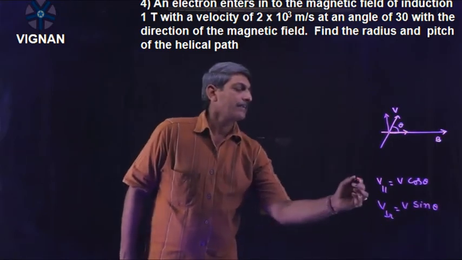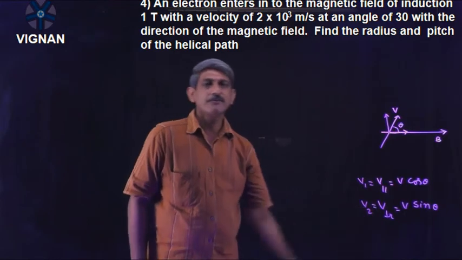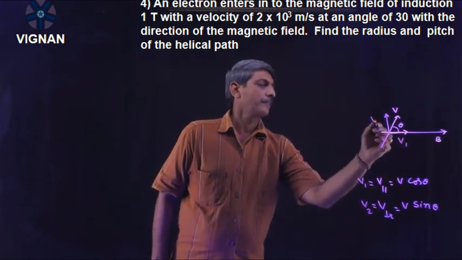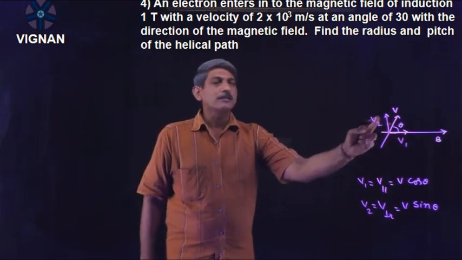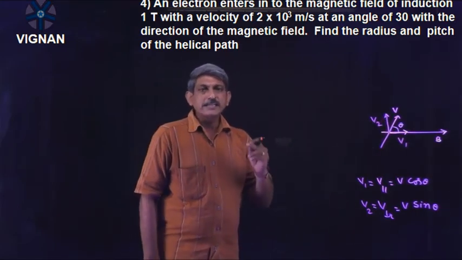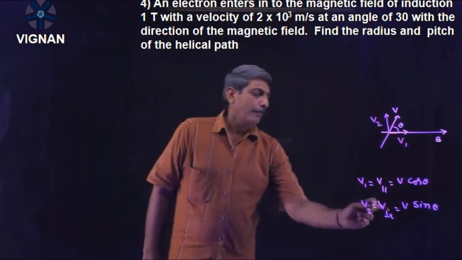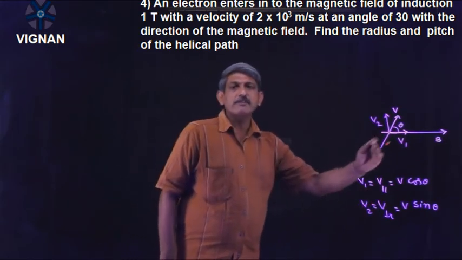Let it be taken as V1, let it be taken as V2. Now, due to this perpendicular component, the particle describes the uniform circular motion. But due to this parallel component, the particle advances in the forward direction.